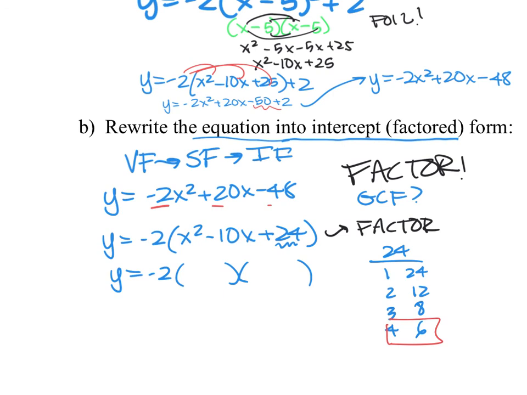Now, what you have to realize is they have to be negative because of the outer and the inner, because of that negative right there. So what do we have? X minus 4 and x minus 6. That is it, you guys. It took the vertex form, standard form to intercept form. There is our final intercept form answer.